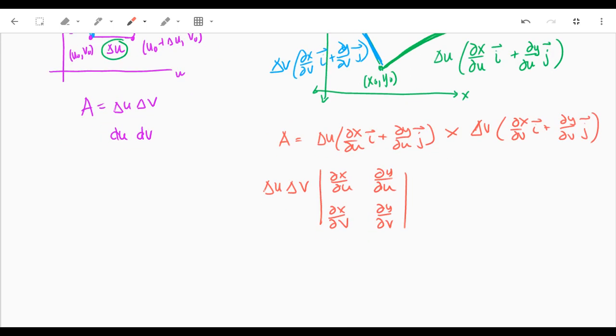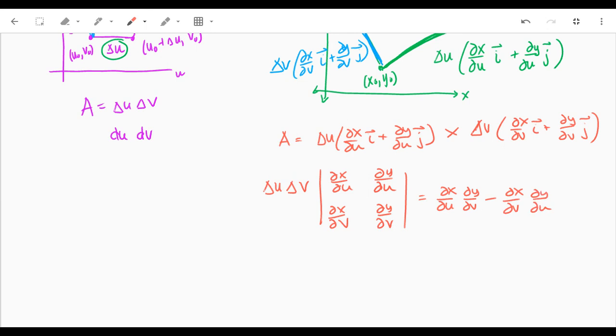Now just that cross product part. It's like your determinant, so we're going to have dx du times dy dv minus dx dv times dy du.